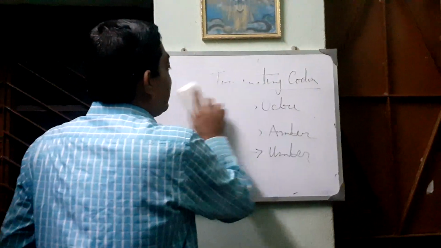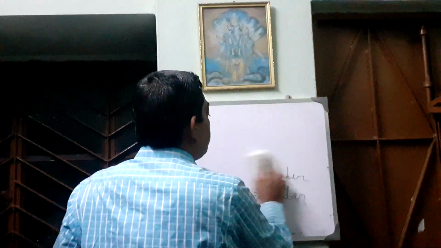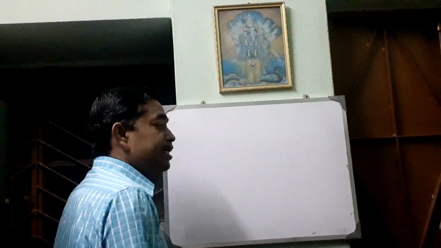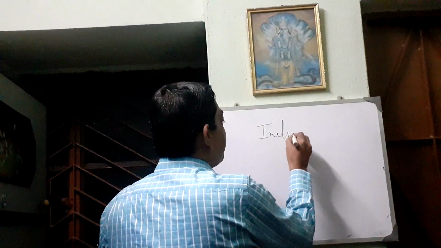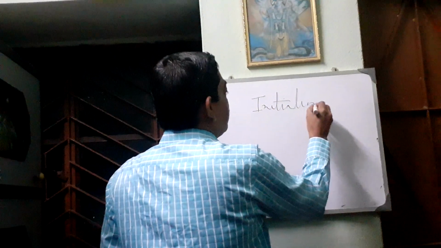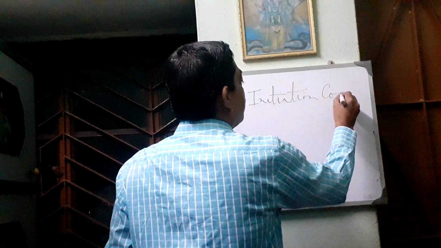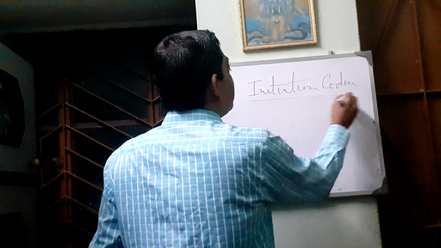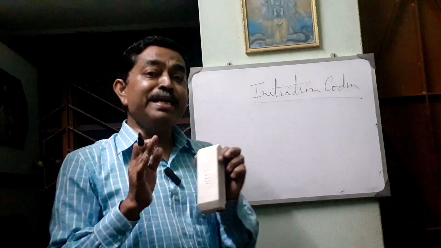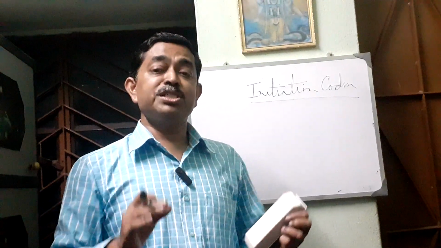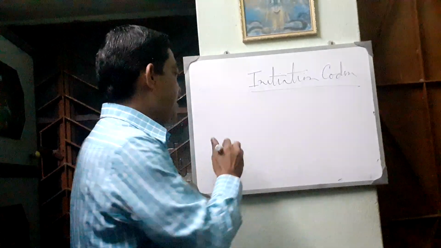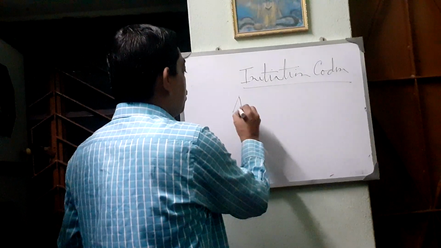Like the terminating codon, there should be an initiation codon. What is this initiation codon? The initiation codon indicates the starting of any gene structure. There are two initiation codons.